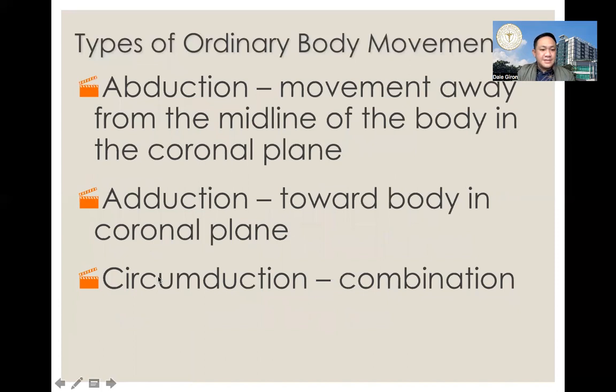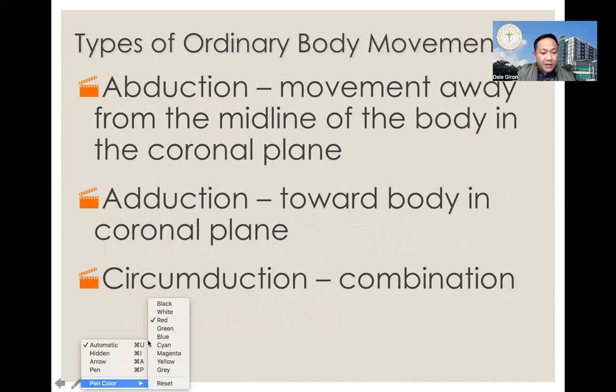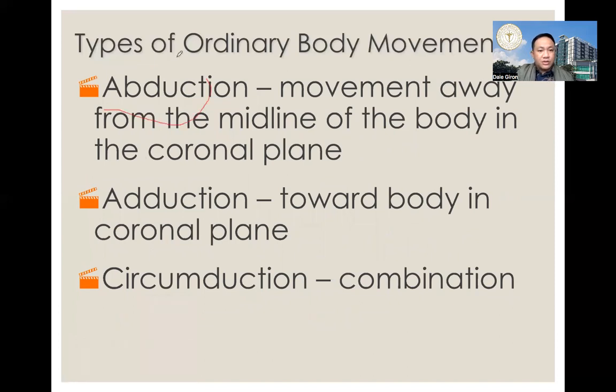Okay, next, abduction and adduction. What I always remember here is that when you say abduction, it means kidnapped, or taken away from you. By definition, it is the movement away from the midline of the body in the coronal plane. When you say adduction, it is toward the body. So if I say abduction, kidnapped. Usually this is abduction.